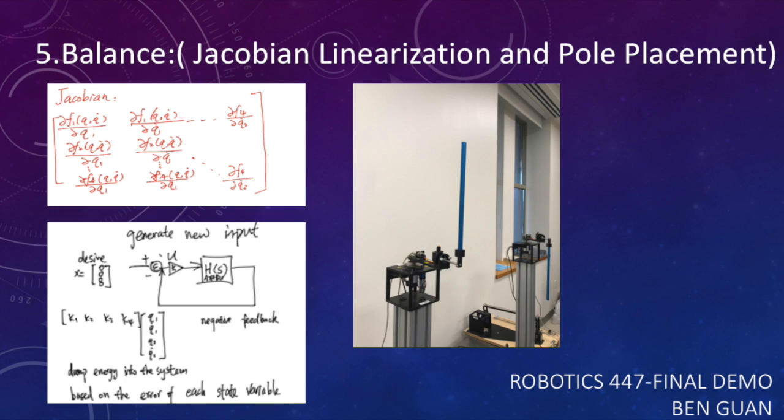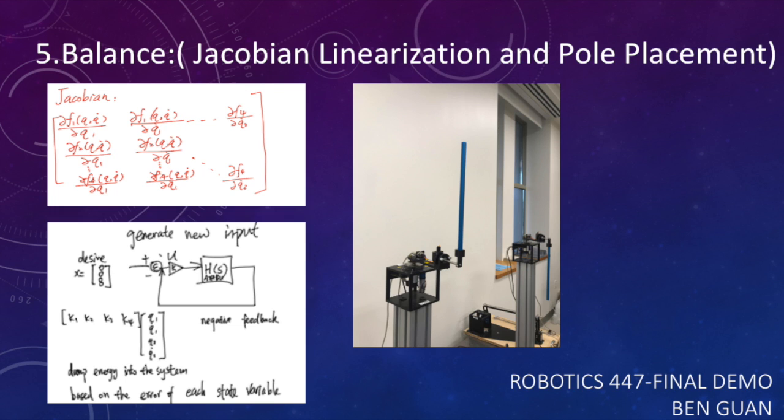So we have x dot equals Ax plus Bu, and f1 is just q1 dot, f3 is just q2 dot, and f2 and f4 are in terms of q1 dot and q2 dot, and we calculate the partial derivatives of f1, f2, f3, f4 with respect to q1, q1 double dot, q1 dot, q2, and q2 dot.